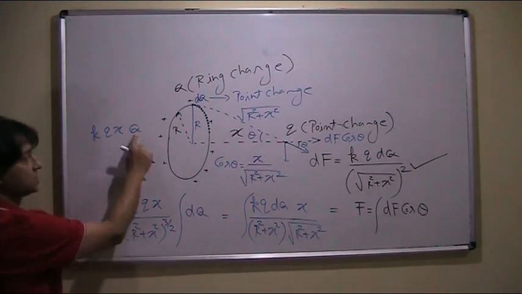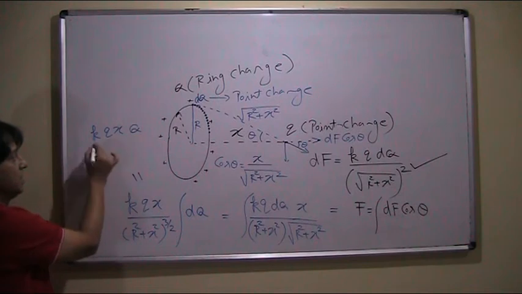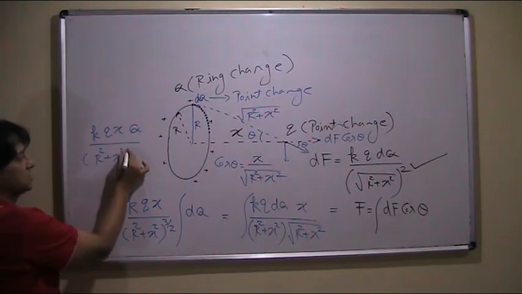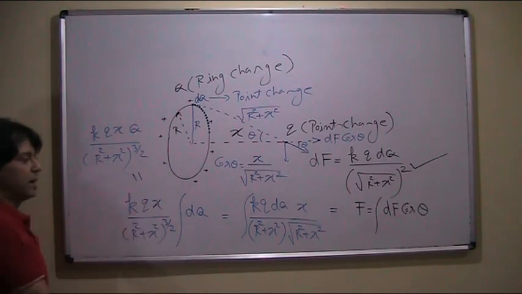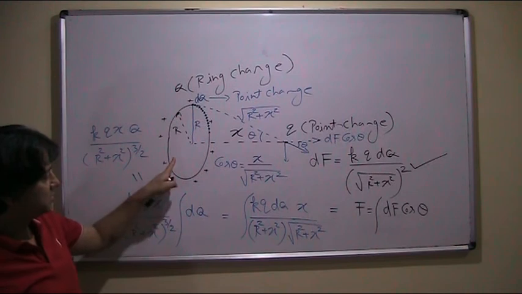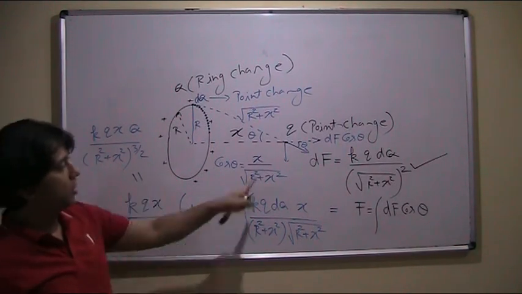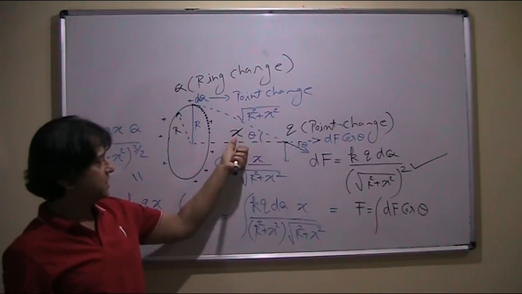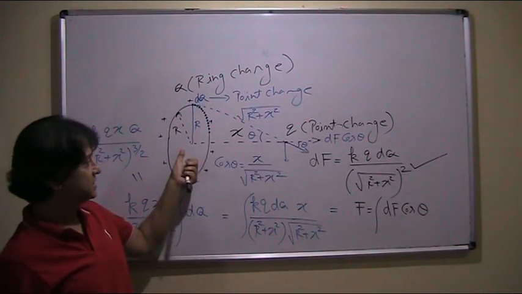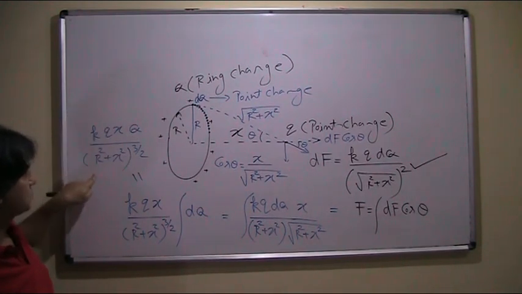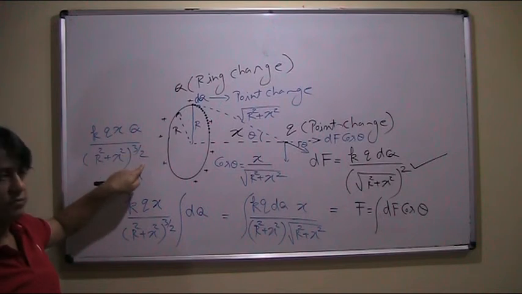Integration of dq is simply what, q divided by r square plus x square to the power 3/2. So this is the force which this ring charge exerts on a point charge which is present on the axis at a distance of x from its center, and its format is like k into q into x divided by r square plus x square to the power 3/2.